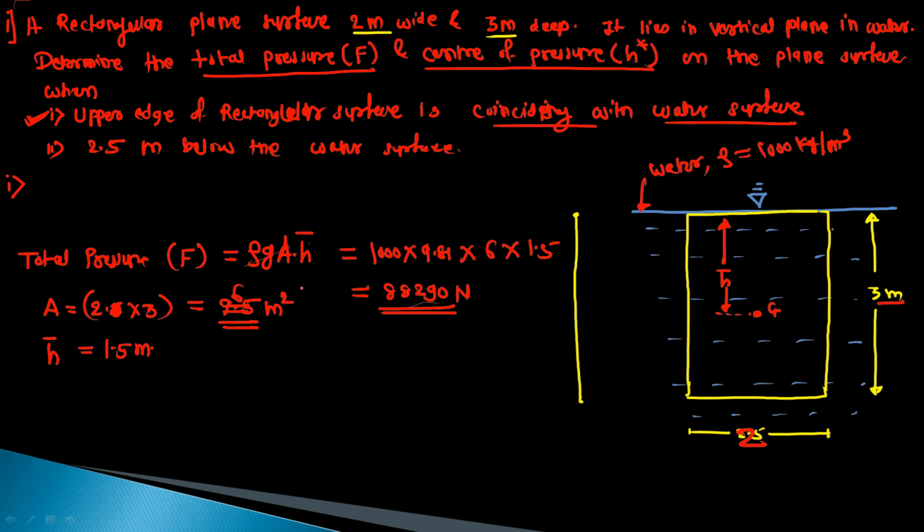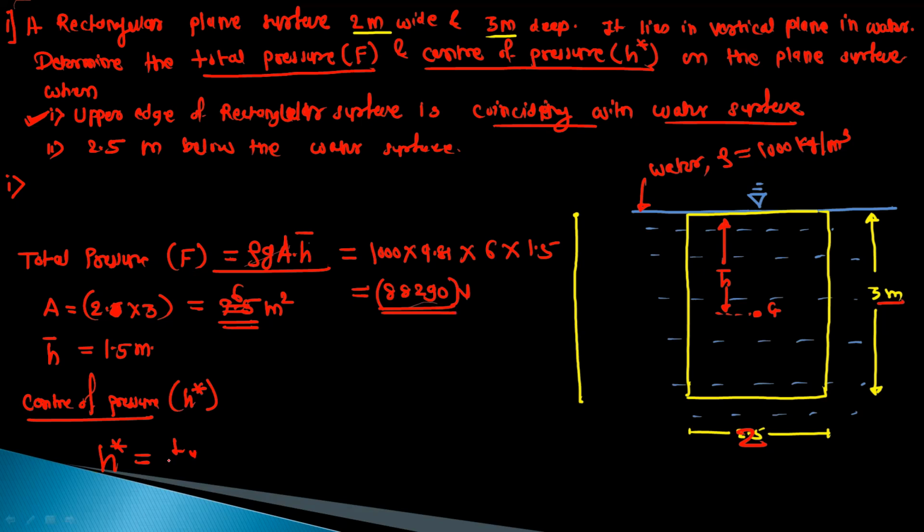Now we have to find out at what distance this total pressure will act on this plate. So for that we have to find out the center of pressure, which is the value h star. We can find the center of pressure by using this formula. So we have to remember this formula, one for F and second for h star.